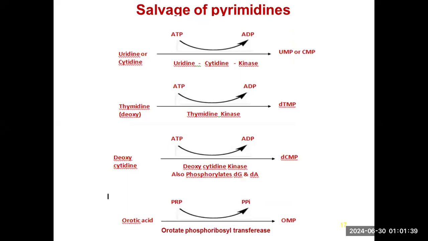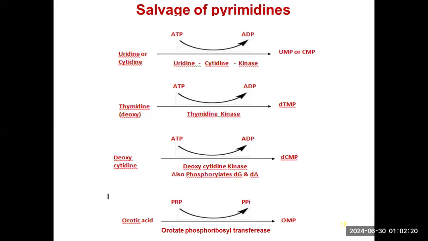So we have discussed so far the de novo pathway of pyrimidine synthesis. Now let's discuss salvage pathways of pyrimidine synthesis. Remember, salvage means using an already synthesized base or nucleoside. Uridine, which is a nucleoside, or cytidine, which is also a nucleoside, in the presence of ATP and by the action of the enzyme uridine and cytidine kinase is converted into UMP or CMP.